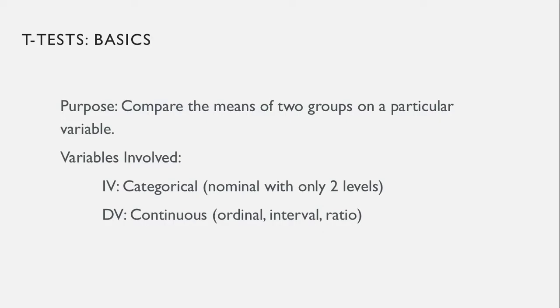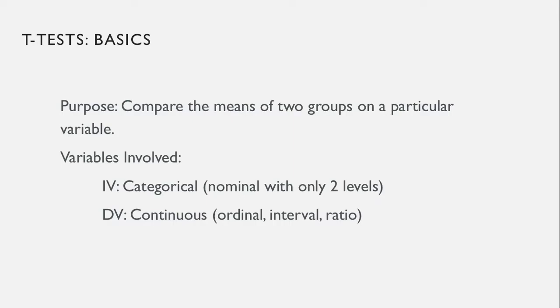So let's start with t-tests. In t-tests, they compare the means of two groups on a particular variable, or it can be comparing two time points. But the important part is there are only ever two groups with t-tests. No more, no less.